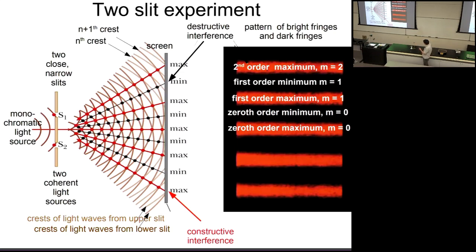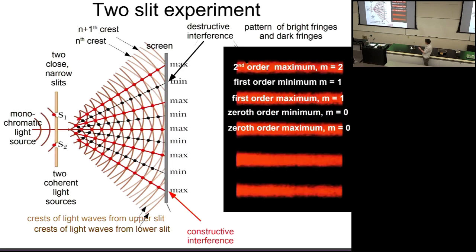So between the locations of constructive interference, here's one, this red dot here, because this is a dark brown line, light brown line, crest from the two slits meeting. This is constructive interference. There's another constructive interference over here, this one here. But between those two is a region where crest meets trough. That's going to be destructive interference. And that's what these black dots are indicating.